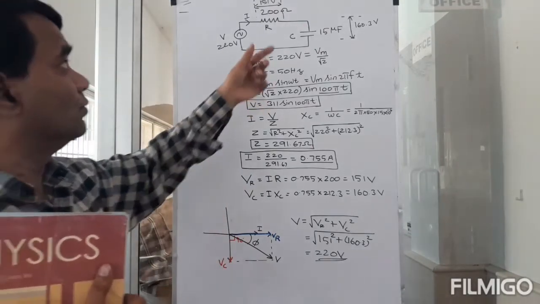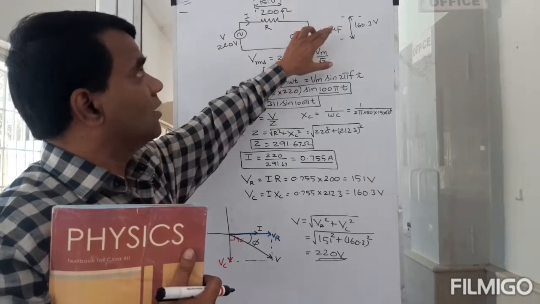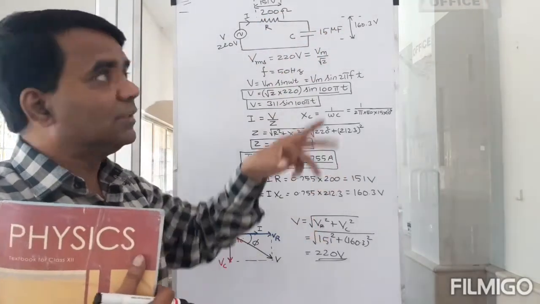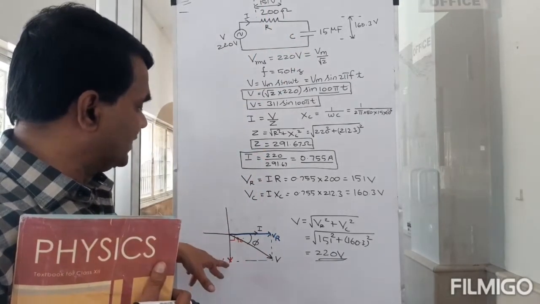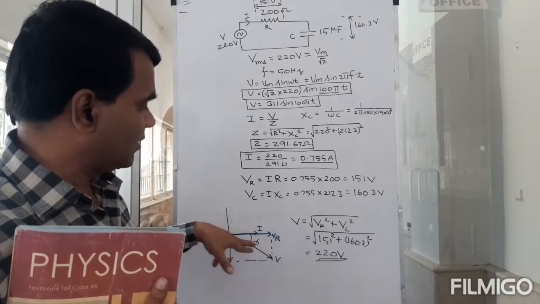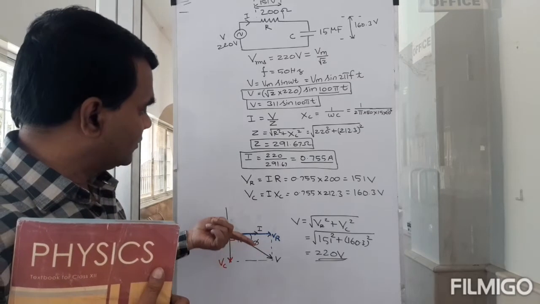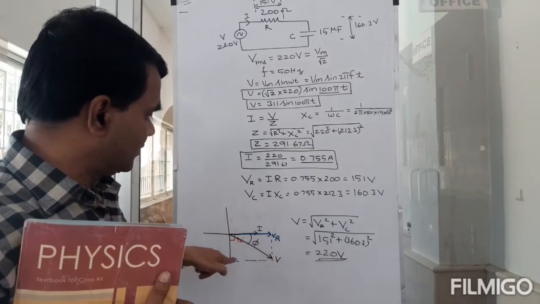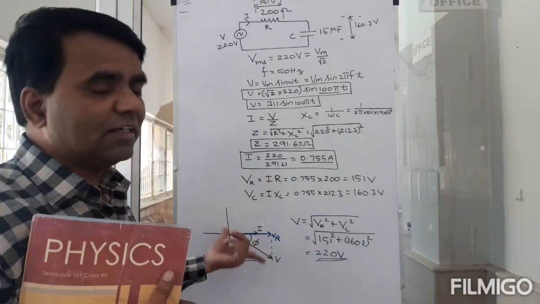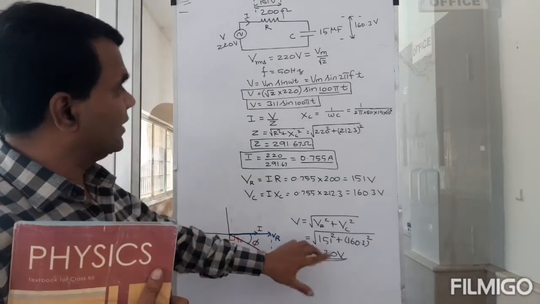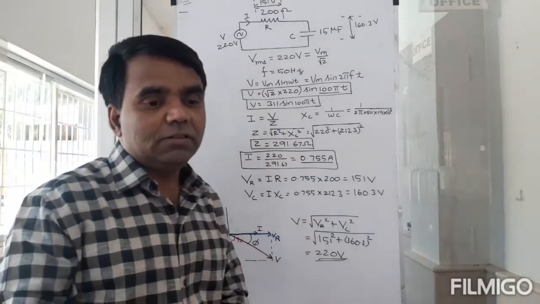So you have to know that VR and VC are not in phase, and there is a phase of 90 degrees. VC lags VR by 90 degrees. So the resultant is actually a vector sum, in this case a phasor sum. Then this would match. So Kirchhoff's law is obeyed that way.